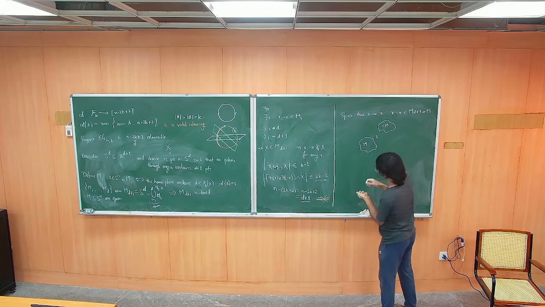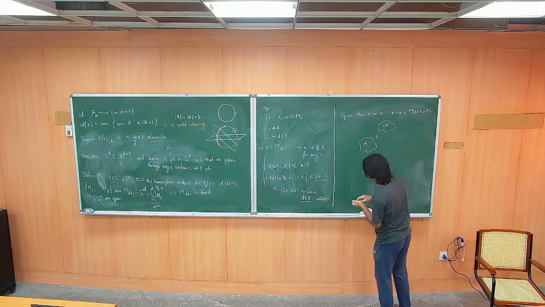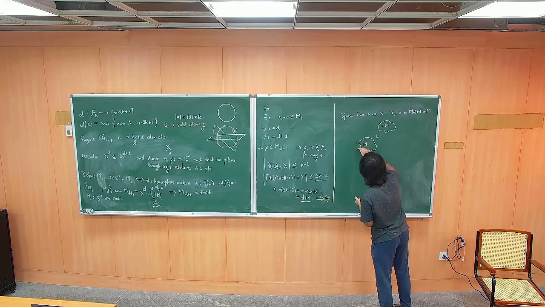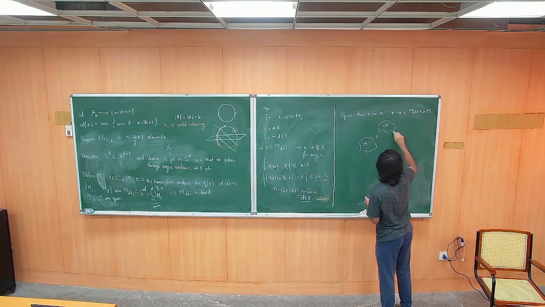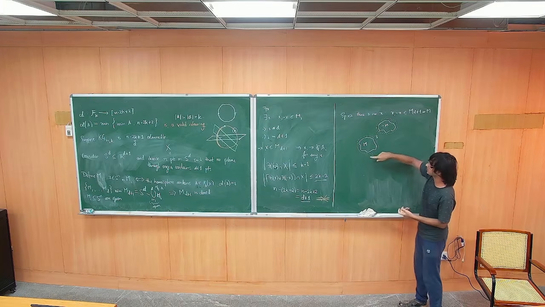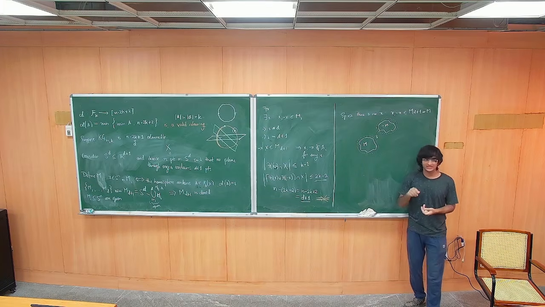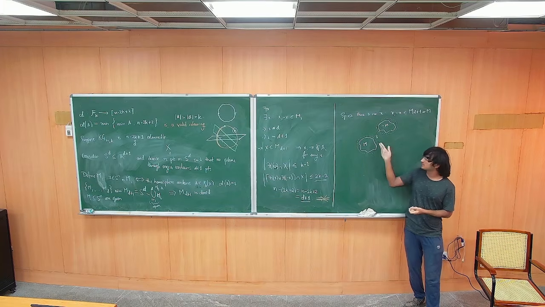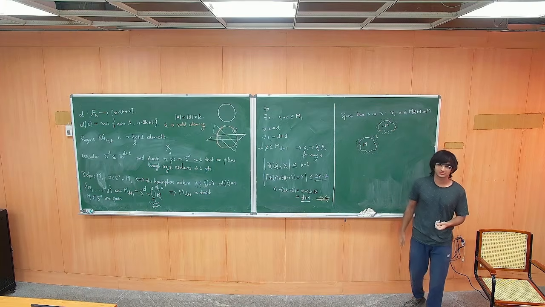So now you consider this new set. What I'm doing is you consider all points so that their distance to M is at most delta by 4.